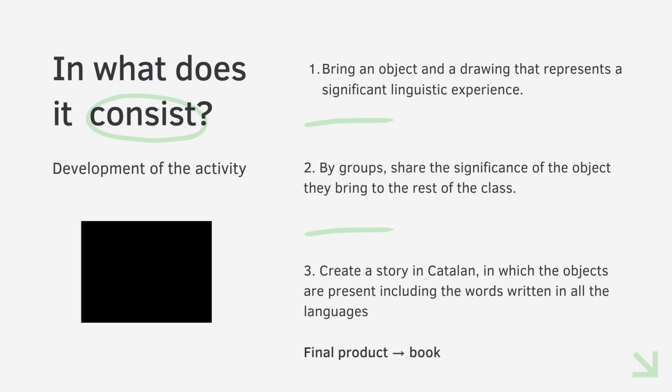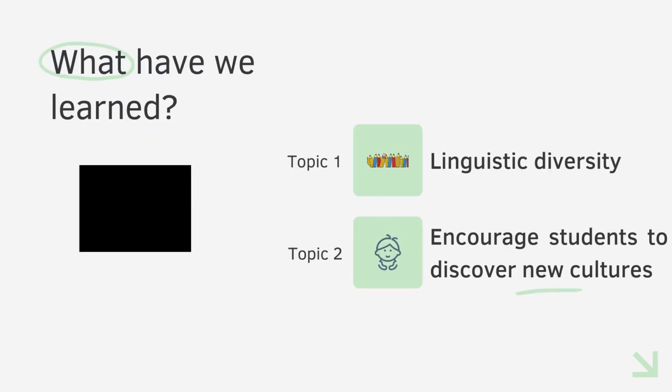The story must include the name of the objects in the different languages, to provide the newcomer some scaffolding and enhance the linguistic repertoire of the students. These stories would create a book to represent the linguistic and cultural diversity of the classroom. Do you like it?